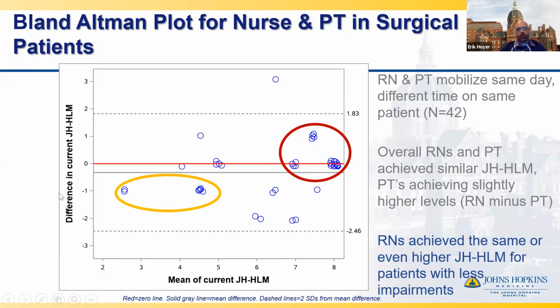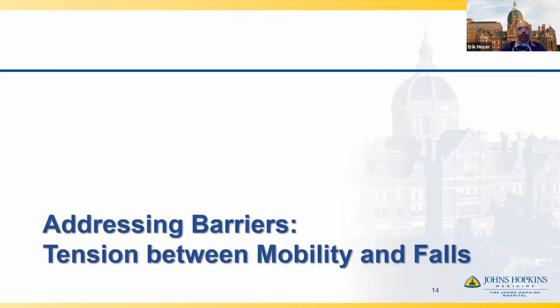But in those patients that have a lot more impairments, which I circle in that orange graph, we see that minus 1 mark difference between the nurse and the physical therapist, suggesting that the physical therapists are mobilizing those levels a little higher. So this is important background and data to suggest that nurses can, for the most part, mobilize patients pretty similarly to what we would consider gold standard therapists.